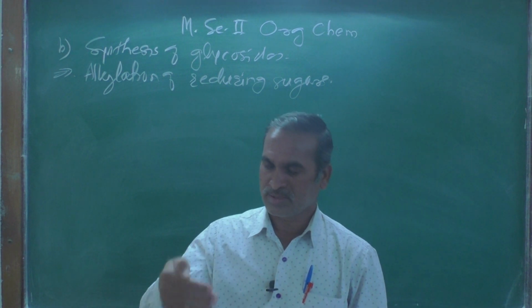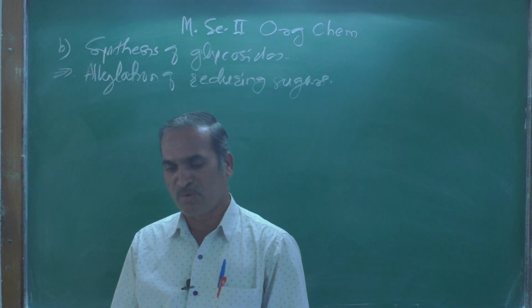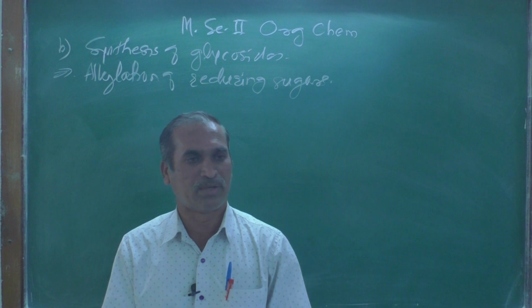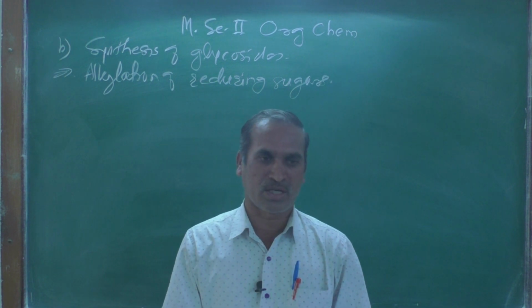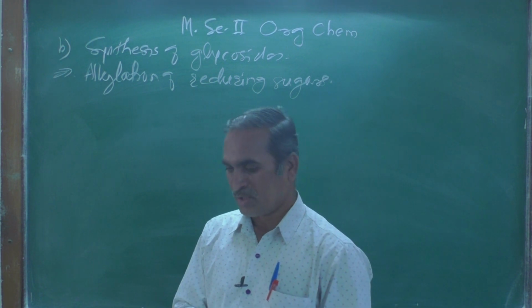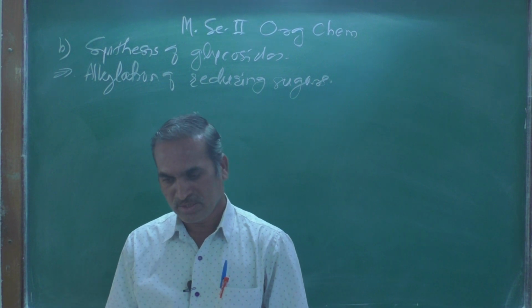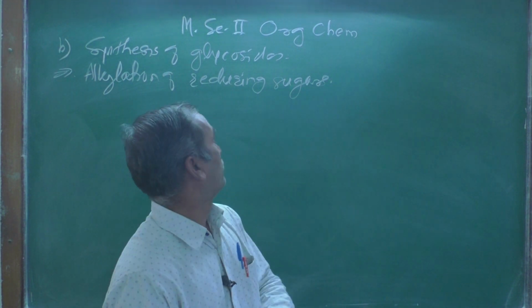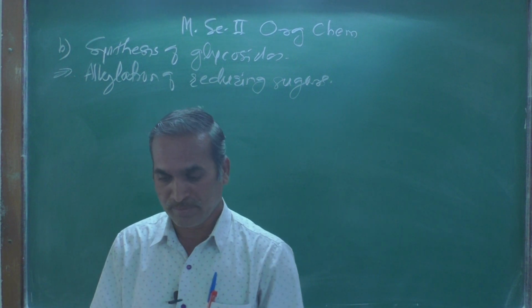It is formed in the same way. So this is all about it, and this maltose also shows reducing property, meaning it is a reducing sugar.